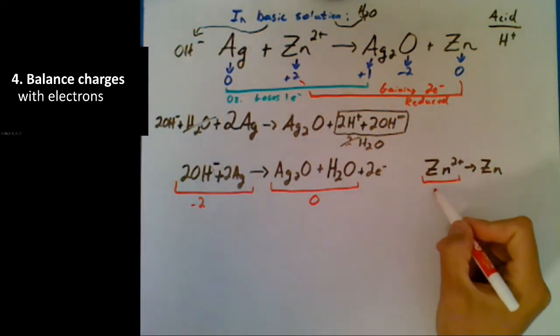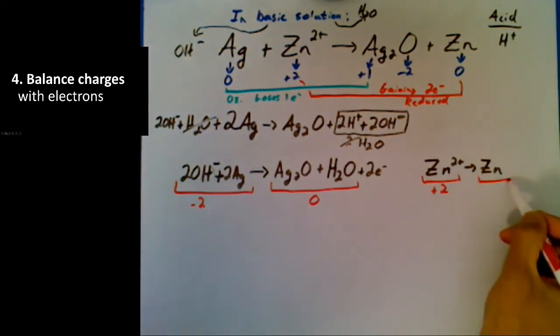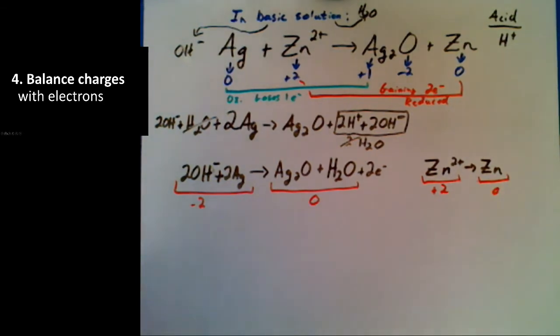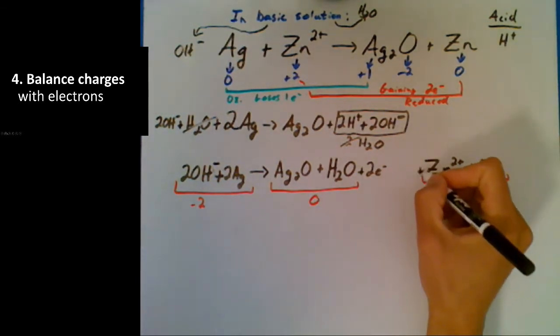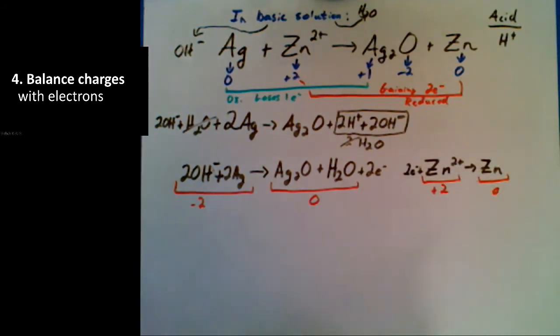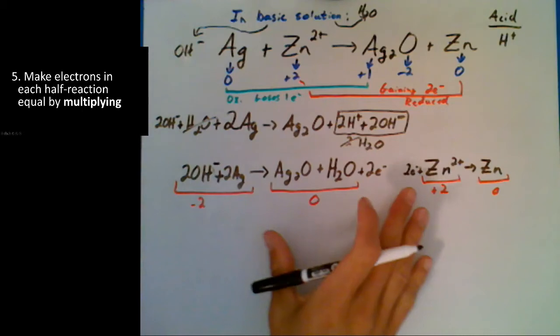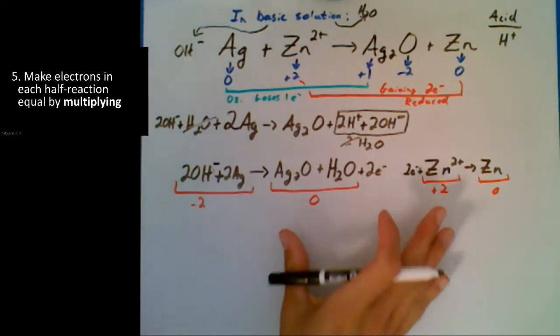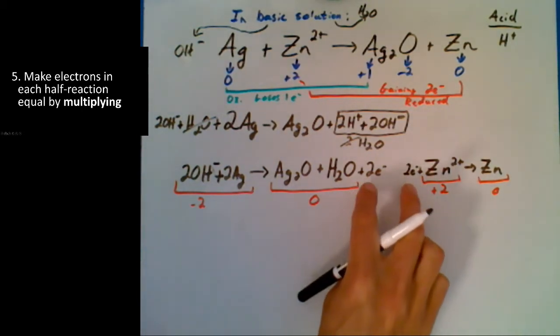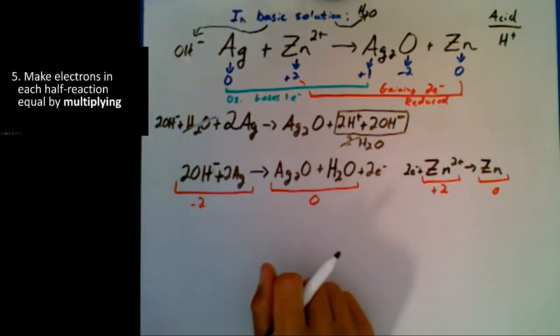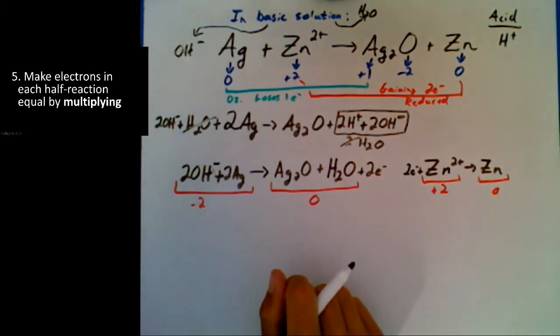Here we have an overall charge of positive 2 and an overall charge of 0. So we need to add 2 electrons in this equation. So now that we've done that, we need to make sure that we have equal amounts of electrons in both reactions. And we actually do. We have 2 electrons. So we do not need to multiply like we did in previous reactions.